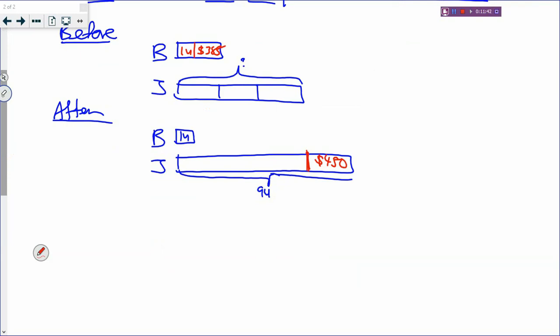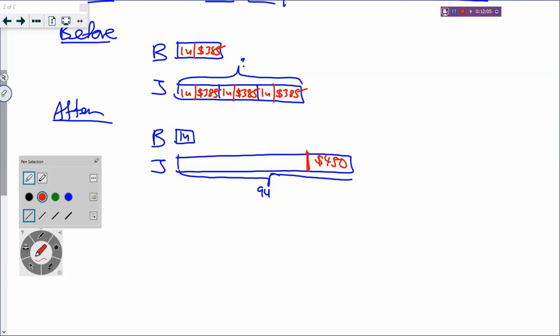Alright, now, cut 1 unit, 385. And this box cut also 1 unit and $385. And here cut 1 unit and also $385, right? Okay, then you look at the after. Now, after, Jenny will have how many? There'll be 9 units in the end.